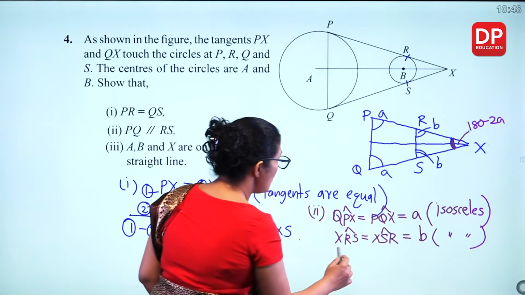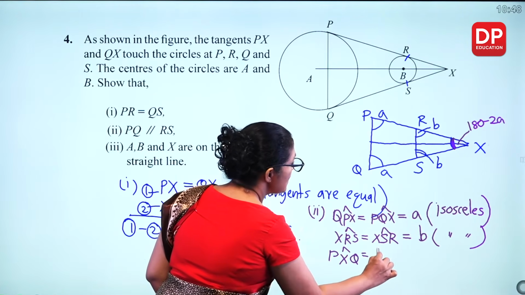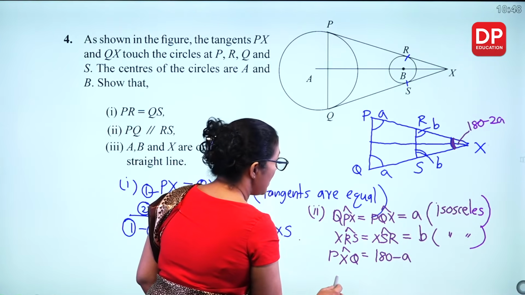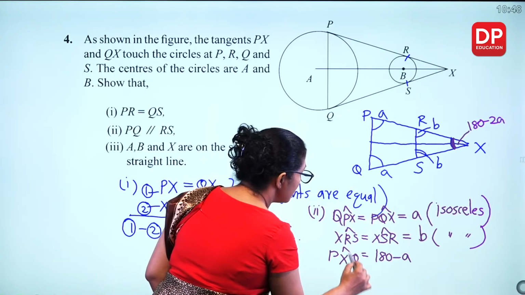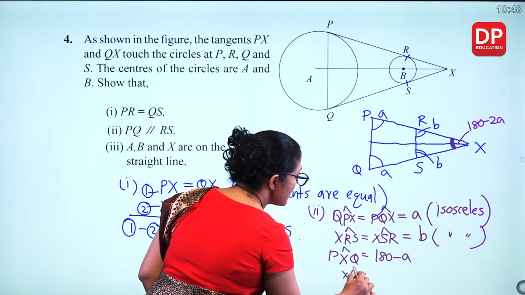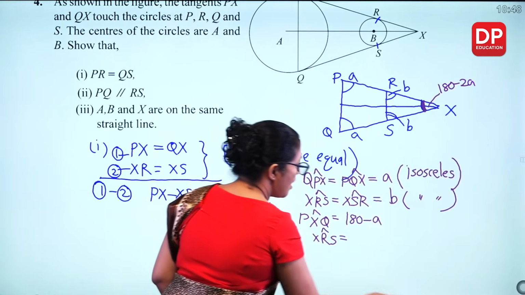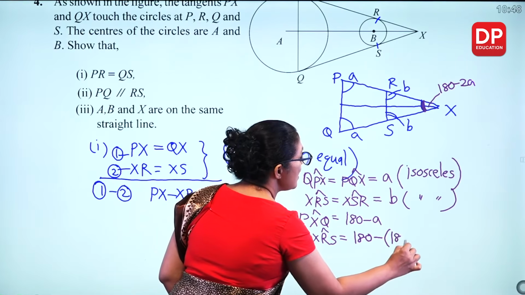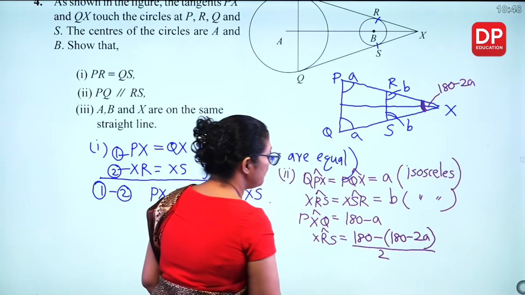So I'll write down PXQ angle becomes 180 minus 2A. Then what's XRS angle? XRS angle is 180 minus (180 minus 2A) divided by 2.